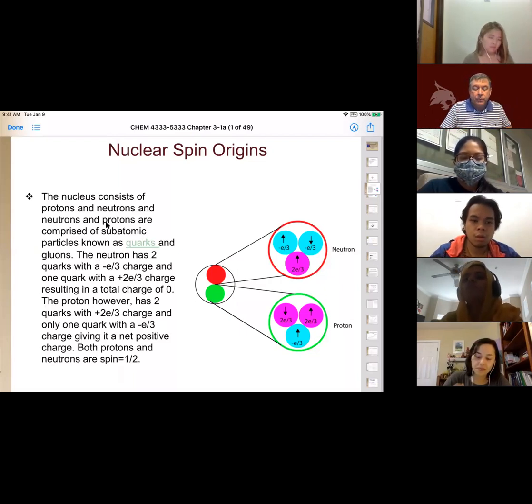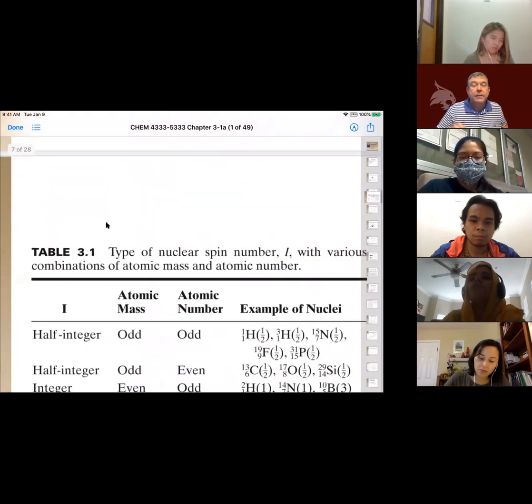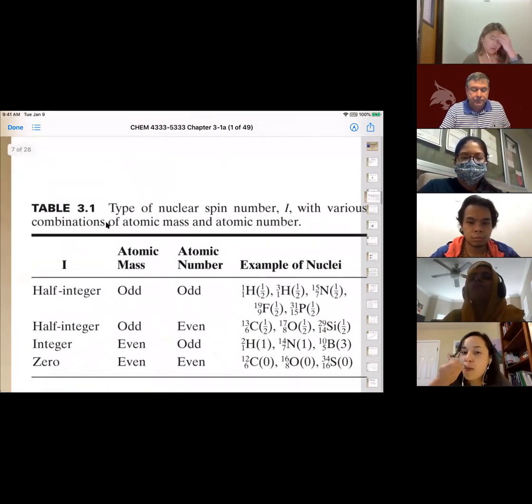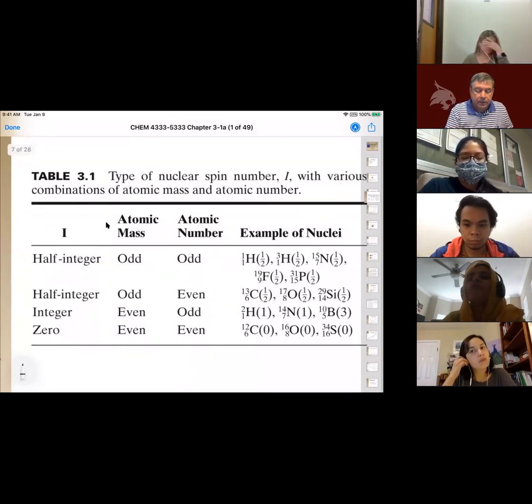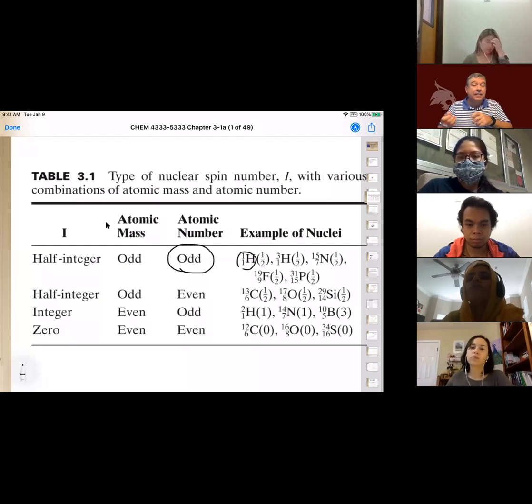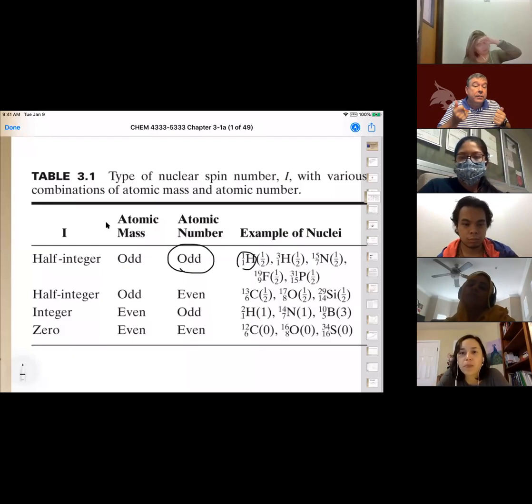Okay, we don't have to go counting quarks in our nuclei to figure this out. We have a simple tool for us to use, and it's called the odd-even rule, okay? So if you have an atomic number, your atomic number is based on the atom, so carbon is 6, so that's an even number. Hydrogen is 1, that's an odd number. So that's the atomic number on the periodic table, okay?